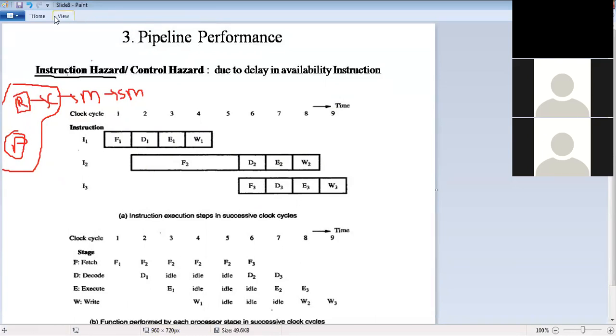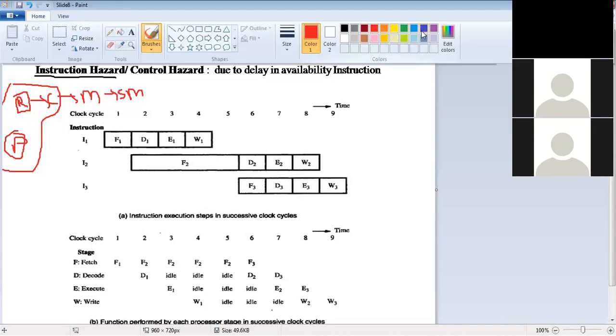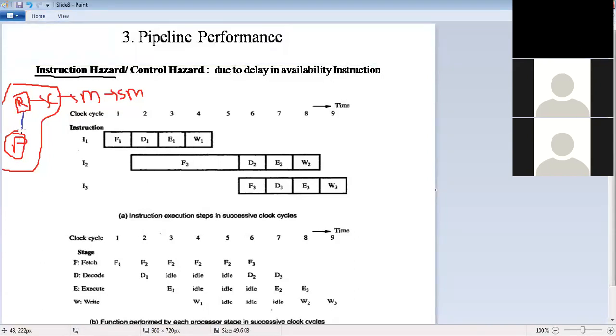That's why if an instruction is available in the register, it is satisfied in a single clock cycle, and if it is available in the cache, it is again satisfied in a single clock cycle. Now let us look at this example. Instruction I1 is a very ideal case where all the units get only one clock cycle, and instruction I1 is executed very smoothly.